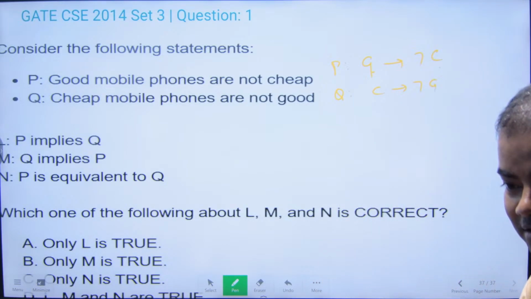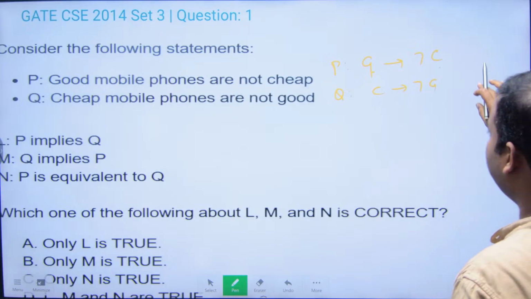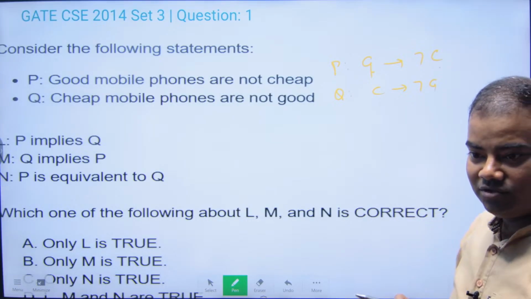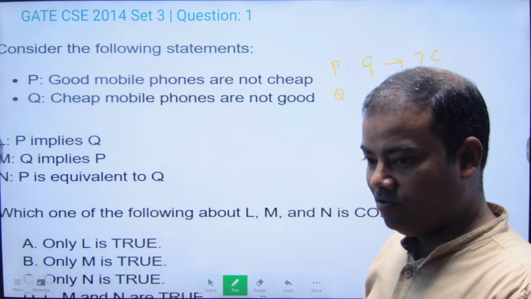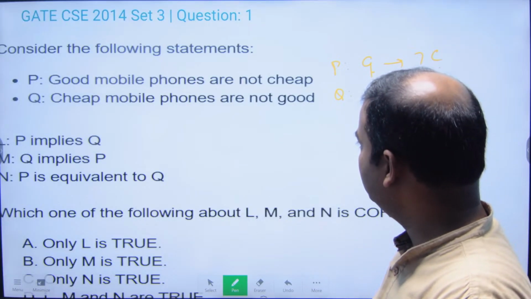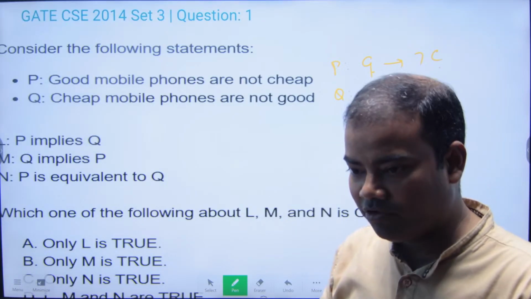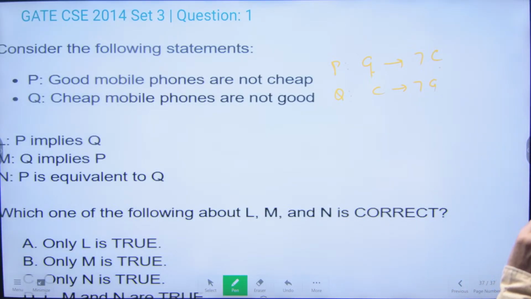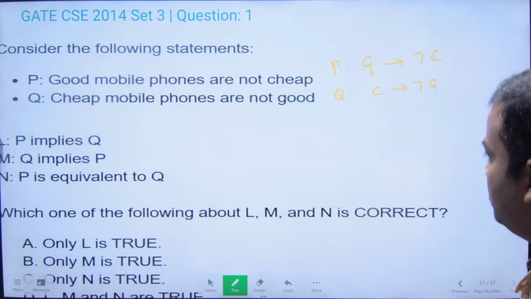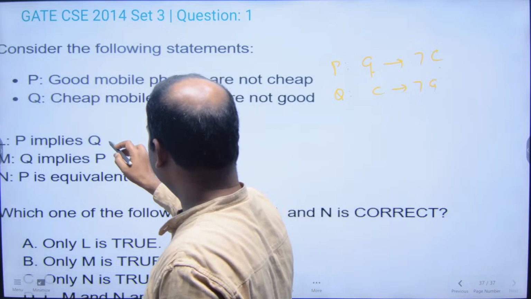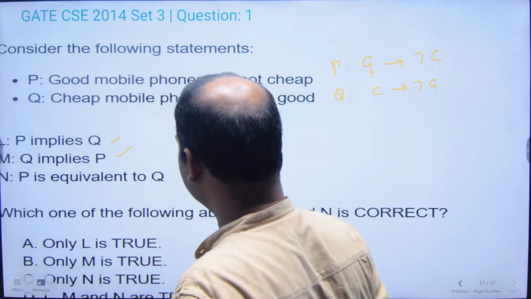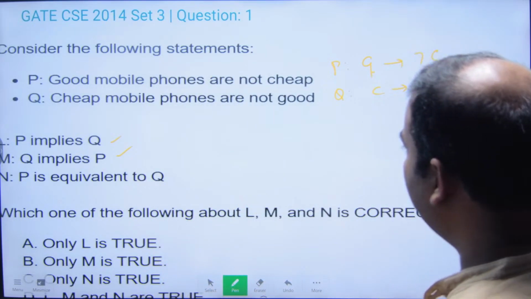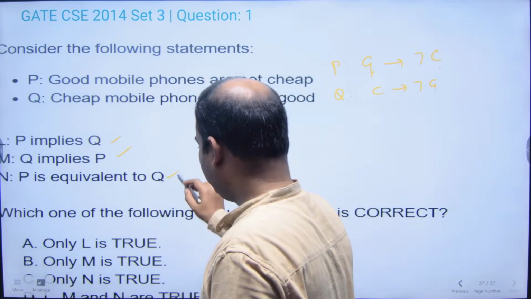Both are contrapositives of each other, so both are the same thing, equivalent. So P implies Q is correct, Q implies P is correct, and P is equivalent to Q is also correct.